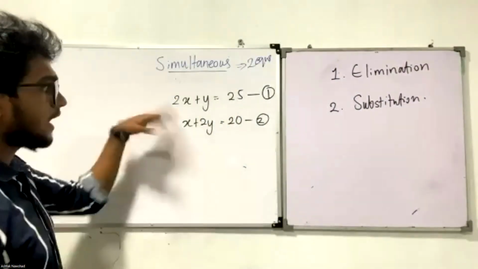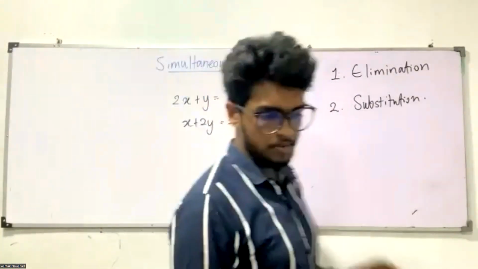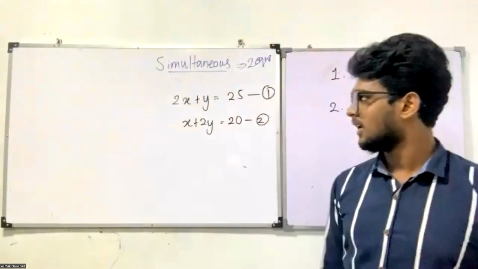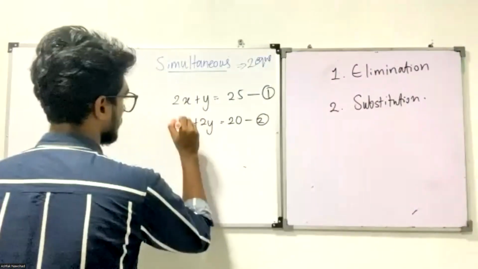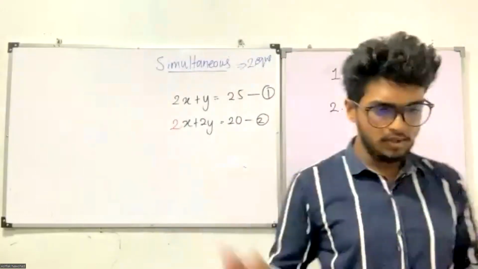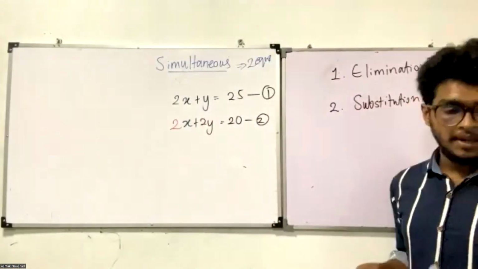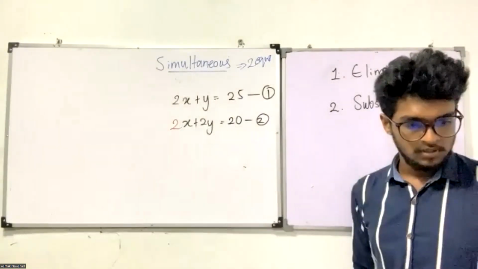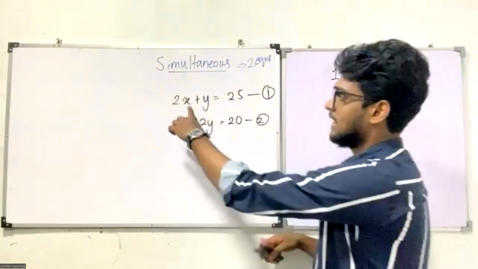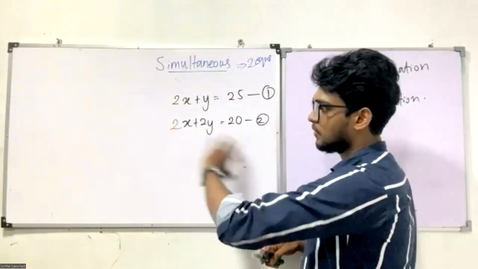So you can choose either x or y. The coefficients are unequal. But if you got two equations where the coefficients of x are the same, who will you choose to eliminate, x or y? x, because that's easy. Already the first rule is fulfilled.